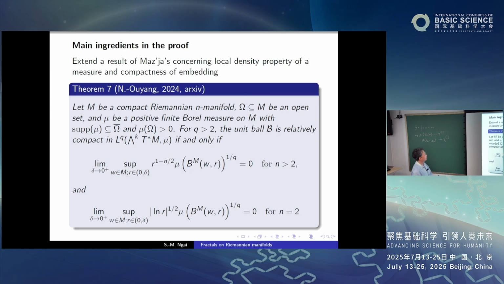So this is a generalization. Let M be a compact Riemannian manifold, and mu as before. If Q is greater than 2, then the unit ball is relatively compact in LQ of the space of forms with the measure mu, if and only if we have these local density properties.